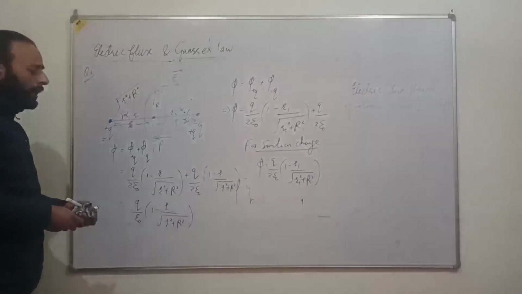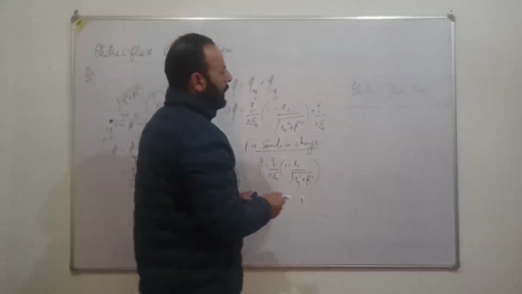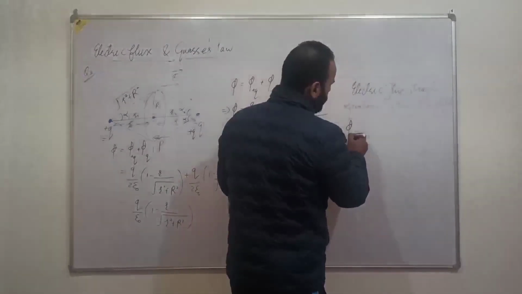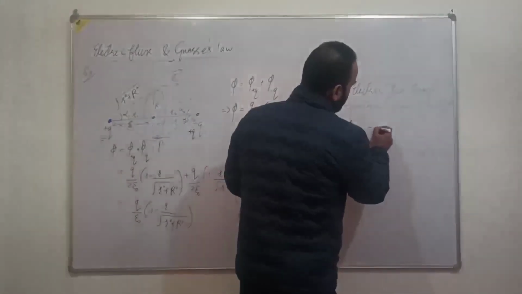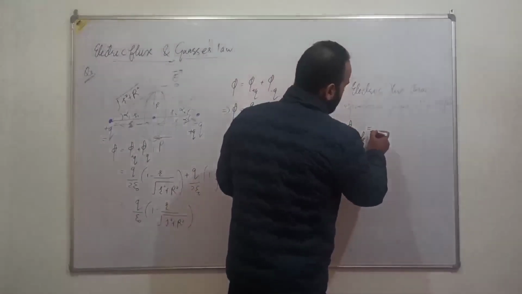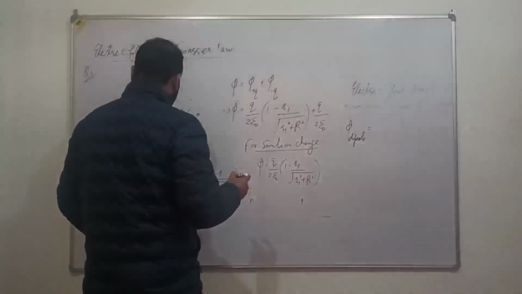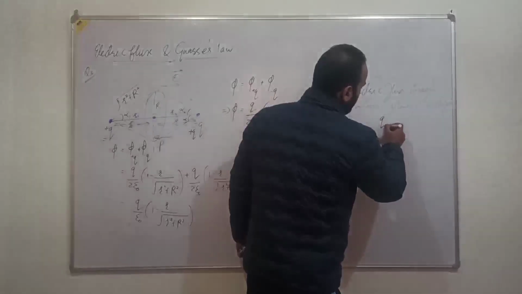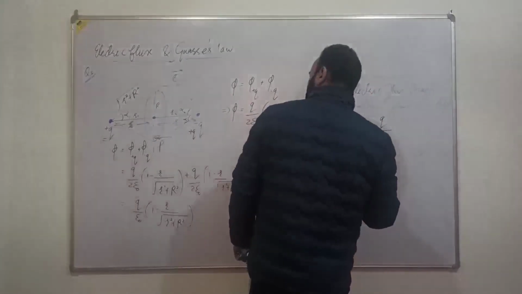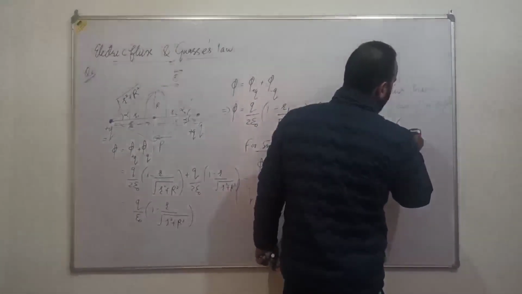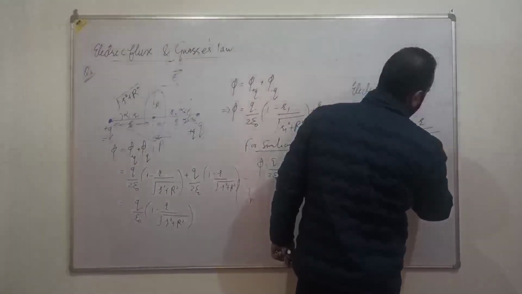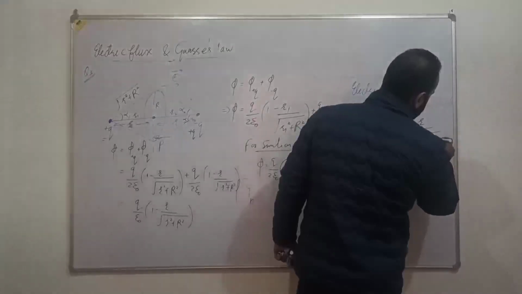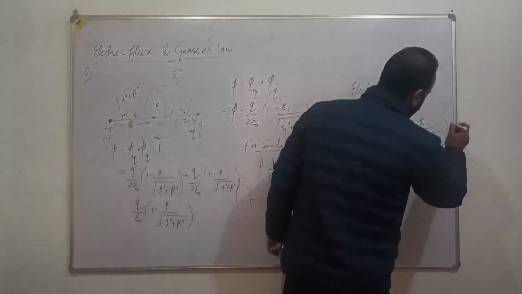We know the electric flux due to a dipole through a disk is given by Q divided by epsilon naught, times 1 minus R divided by under root of R square plus R square, okay?